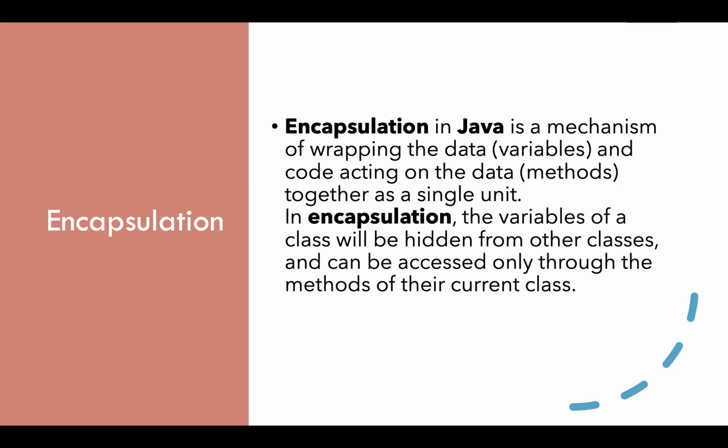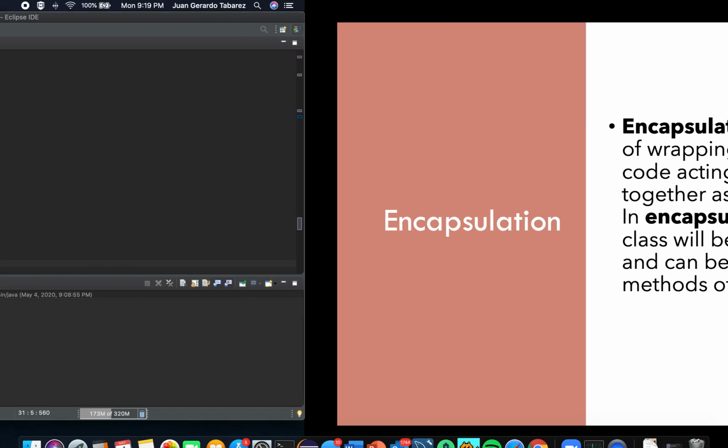And finally, encapsulation. I kind of like this one. The definition is: encapsulation in Java is a mechanism of wrapping the data, variables, and the code acting on the data, methods, together in a single unit. In encapsulation, the variables of a class will be hidden from other classes and can be accessed only through the methods of their current class.